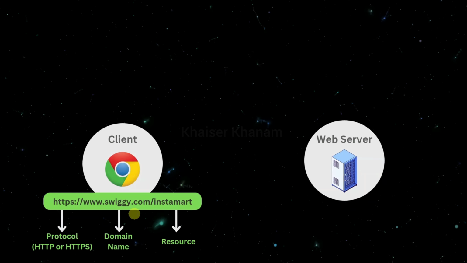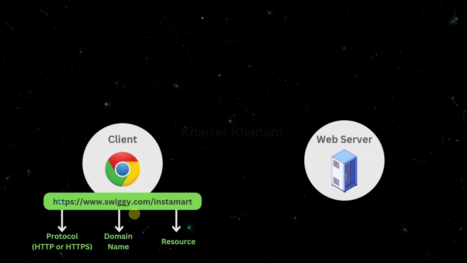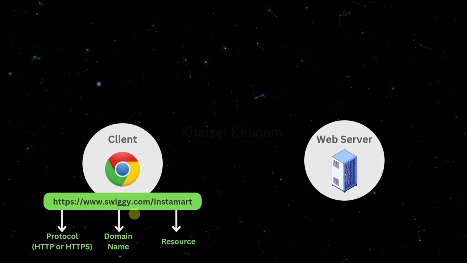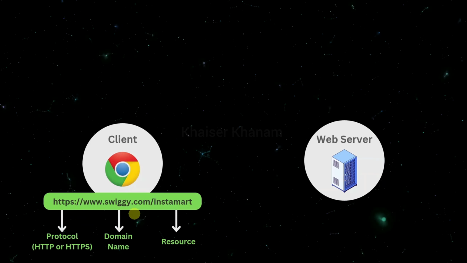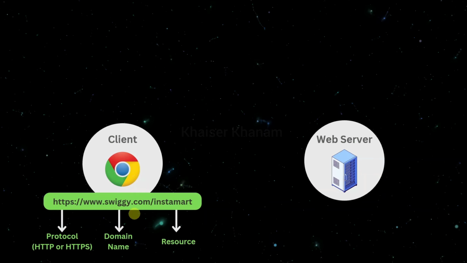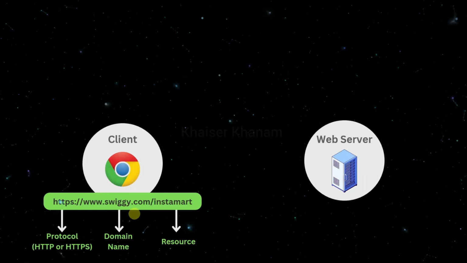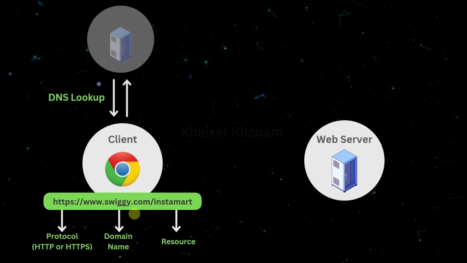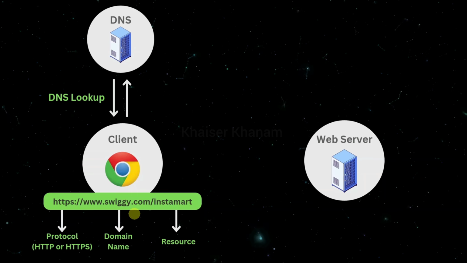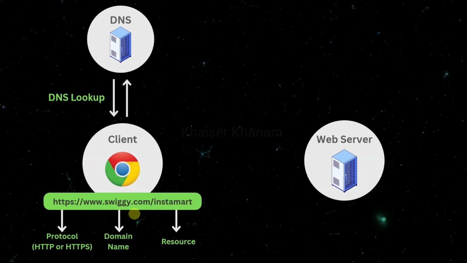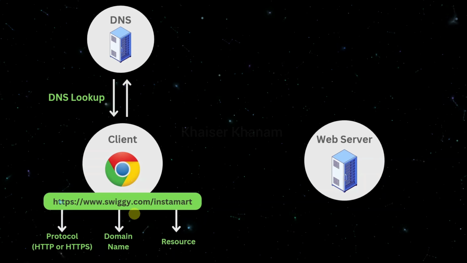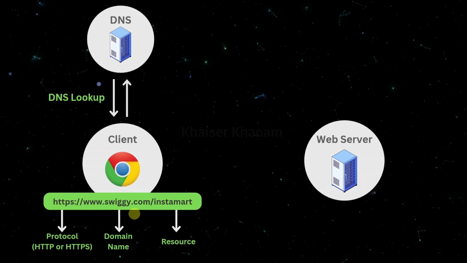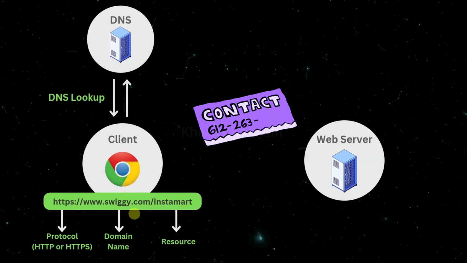But whenever we are trying to access this domain name, we can't access using domain. Instead, what we have to do, this domain name has to be converted to real IP address. And that happens using DNS server. DNS stands for domain name server, and these are special kind of server. So basically they are like phone book of the internet.